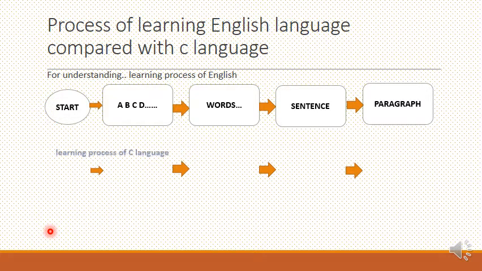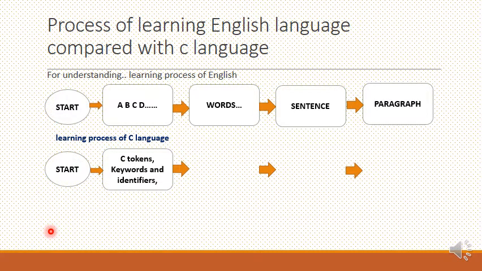First you have already started, and afterwards what you have to study: the ABCD is nothing but, in the C language, the C tokens, keywords and identifiers. They are the ABCD of the C language.